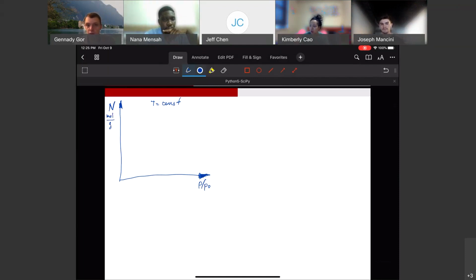One of the very common applications of gas adsorption is for characterization purposes.